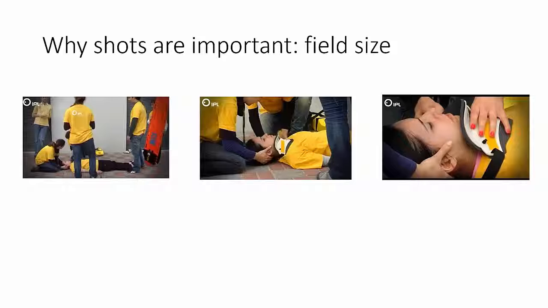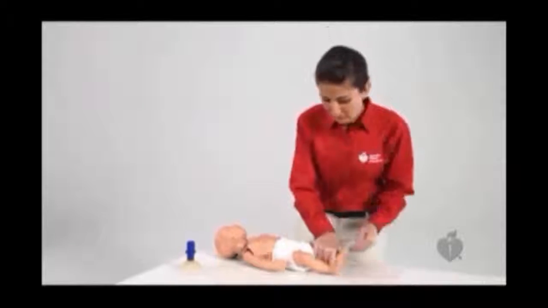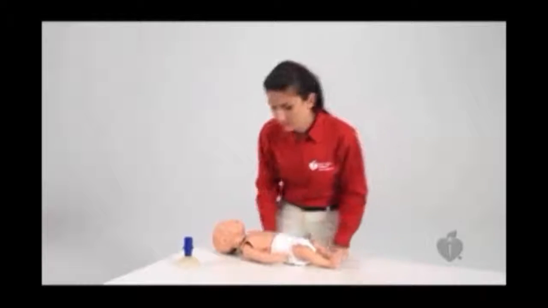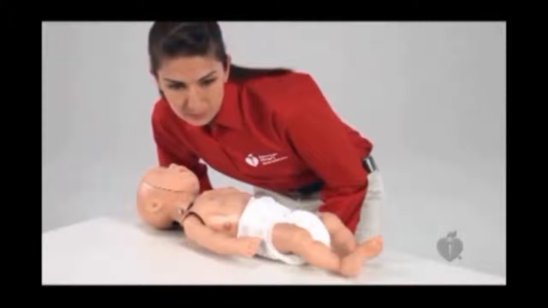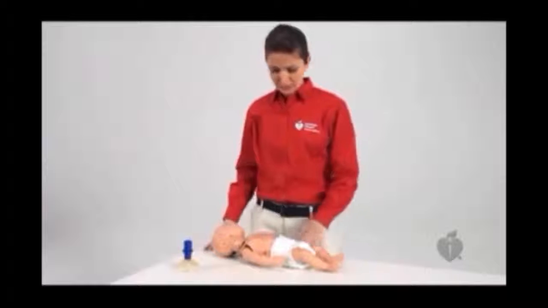Let's have a quick look at the video to train emergency responders. First, check the victim for a response and breathing. If the infant is unresponsive and not breathing or only gasping, send someone to activate the emergency response system and get the AED. Check the infant's brachial pulse.